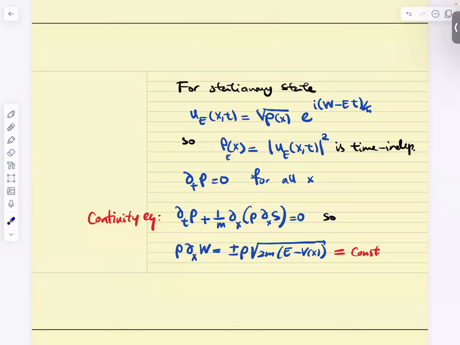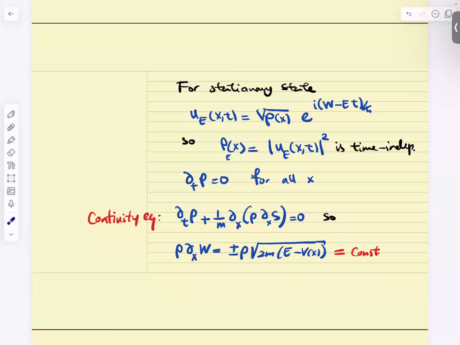So this term must be 0. That's it. Conservation tells you that this term has to independently be 0, from which you learn that rho del x of S over m is a constant. From which you conclude that rho has to be, what do you conclude? Has to be 1 over del S of x times a constant. That's the only way for it to be.